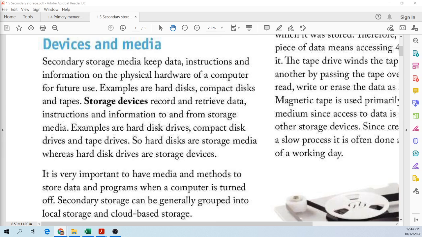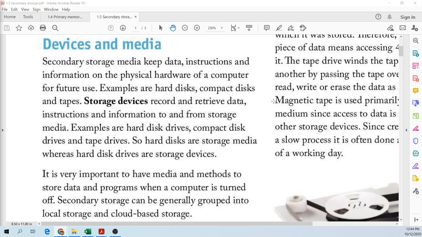So hard disks are storage media, whereas hard disk drives are storage devices. It is very important to have media and methods to store data and programs when a computer is turned off. Secondary storage can be generally grouped into local storage and cloud-based storage.